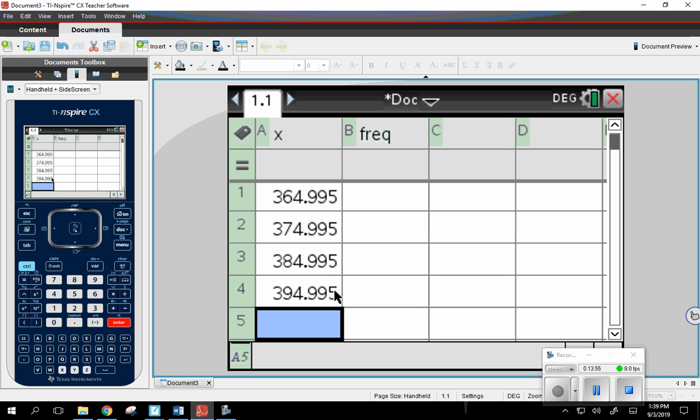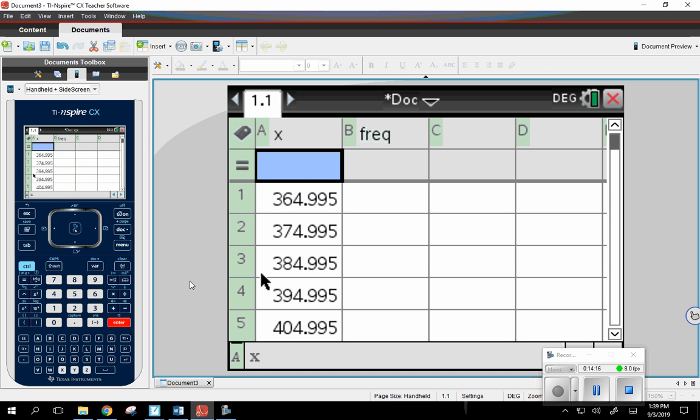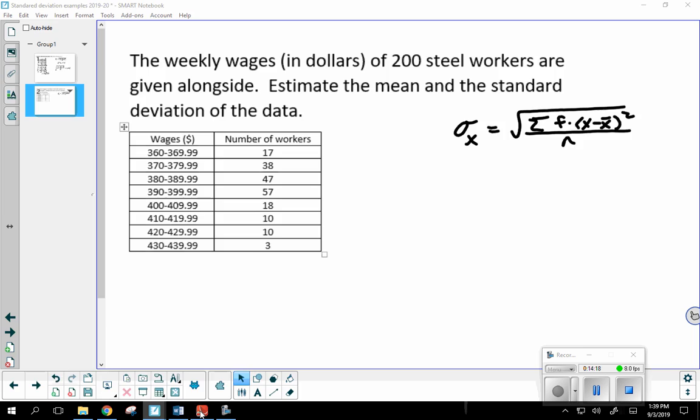And then what would the next one be? 404.995. 413.995. 424.995. And I think it went to 434, right? Was that the last one? Okay. There we go.